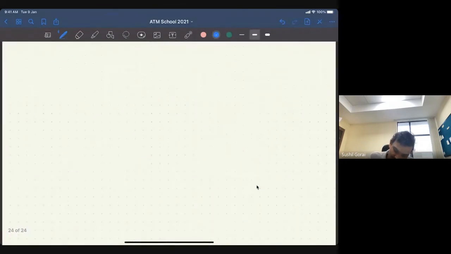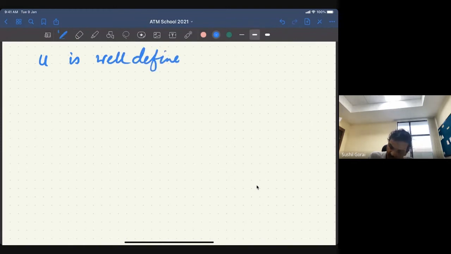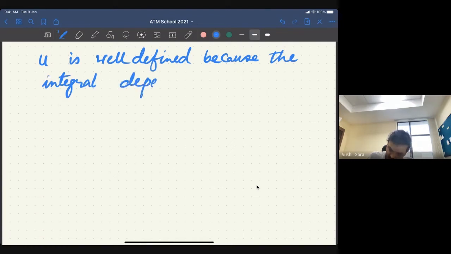So u is well defined because the integral depends only on two endpoints, which are (x0,y0) and (x,y).